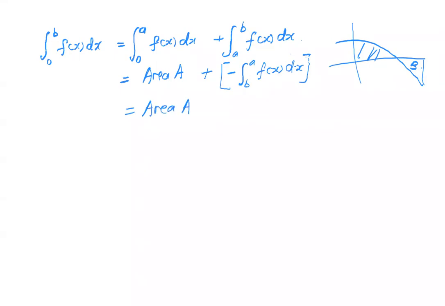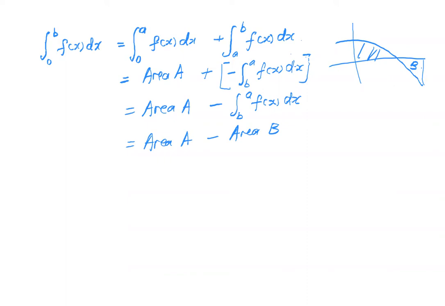I got negative. So B to A f(x) dx, so this represents area B, am I right? If you want to straight away write down this is negative area B also can, nothing wrong.